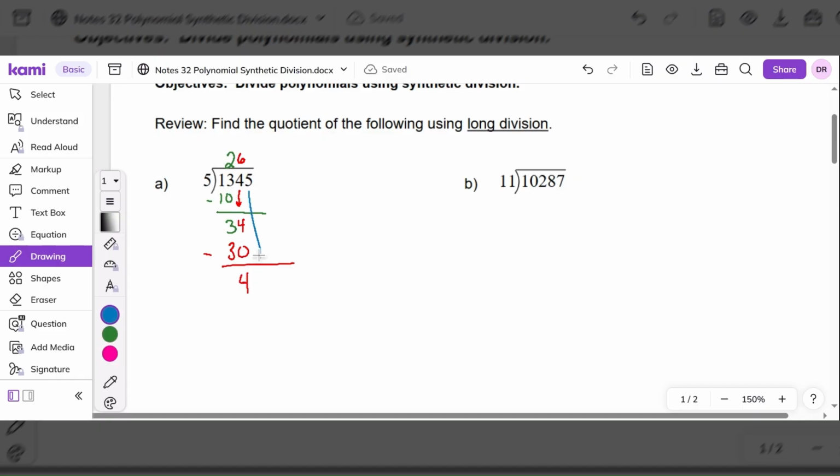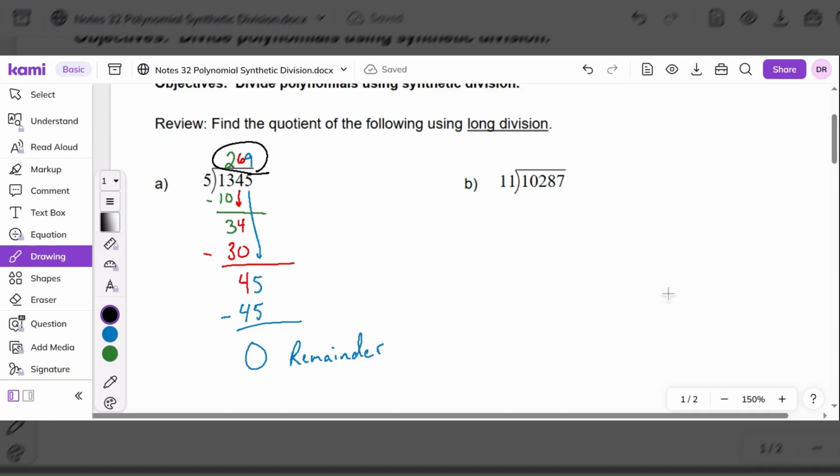So we bring down 5, and we repeat the process one more time. 5 goes into 45 9 times, and so we'd get 5 times 9 is 45. Subtract that, and we're all done. We have nothing else to bring down. We have a remainder of 0. So 1,345 divided by 5 is 269.